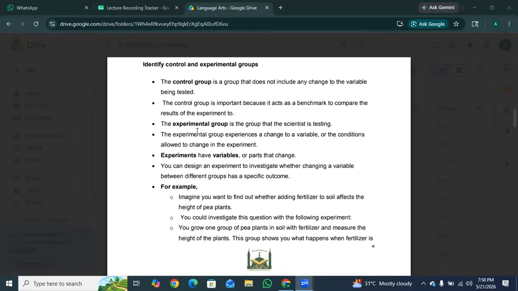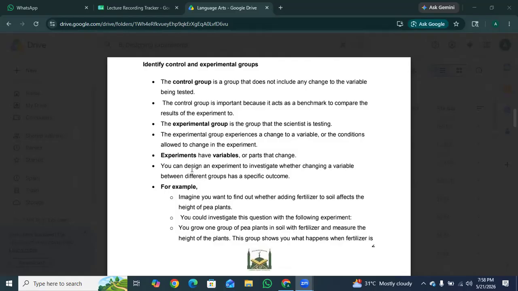Because this is where the actual science happens. It shows you what happens when you introduce a new factor. Experiments have variables, or parts that change. You can design an experiment to investigate whether changing a variable between different groups has a specific outcome.